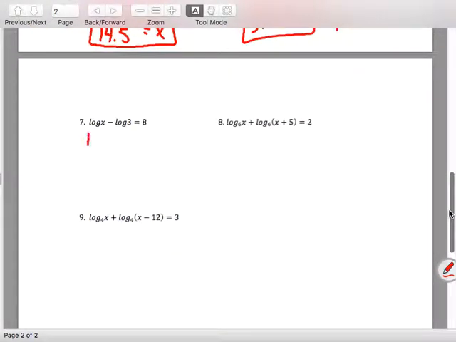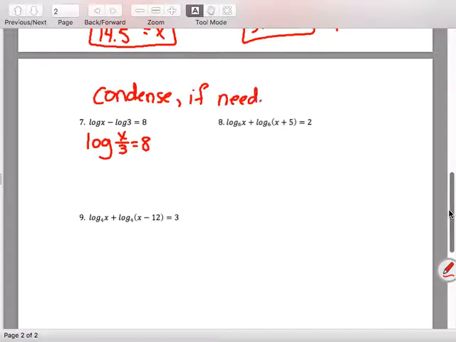In number 7, if I have log x minus log 3, write this in your notes above number 7 and 8: condense if needed. Because if you have sums and differences of logarithms, you're going to need to condense. So here's a wonderful application to that.